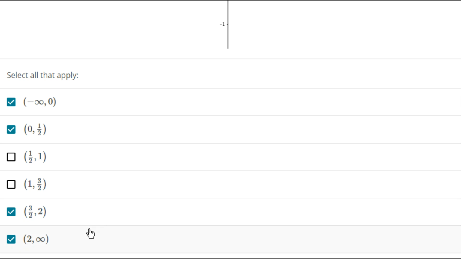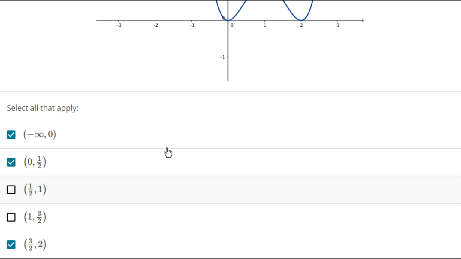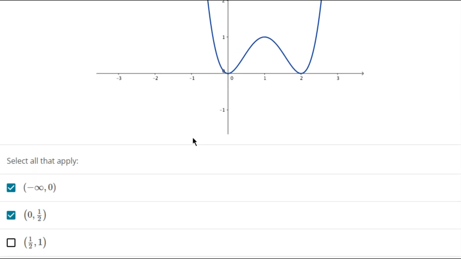Now, why they didn't include 2 and 0, I am unsure, because I would argue that it is concave up at both of these local minimums.